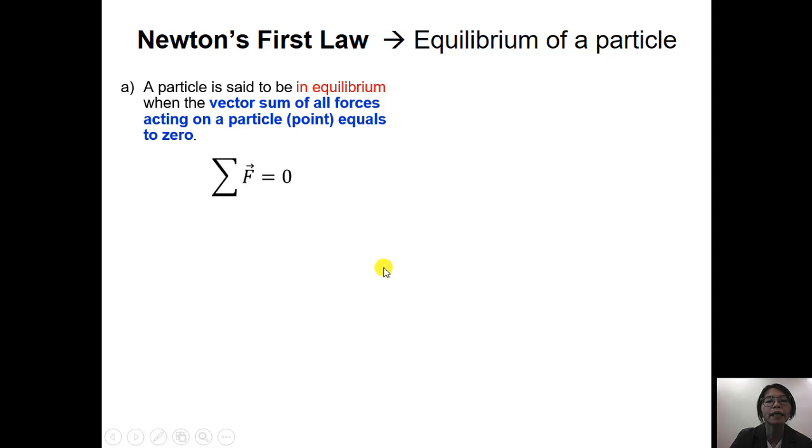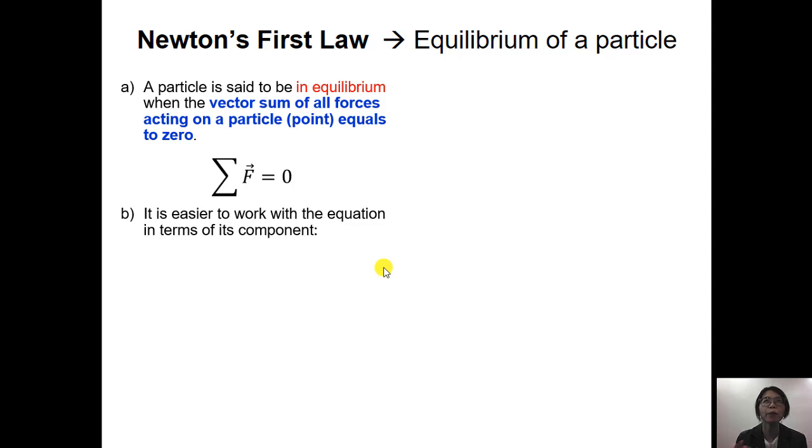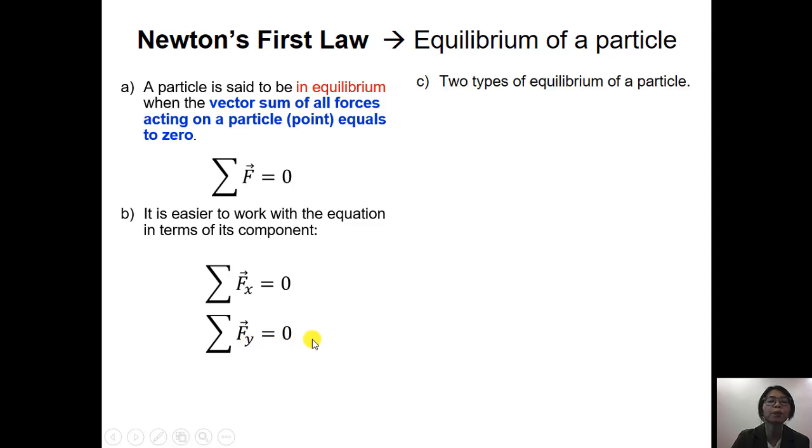So normally, it is easier to work with the equation in terms of components, whereby we can break up our vector into x and y components. So we might have summation of force in the x direction equal to 0, and summation of force in the y direction is equal to 0.